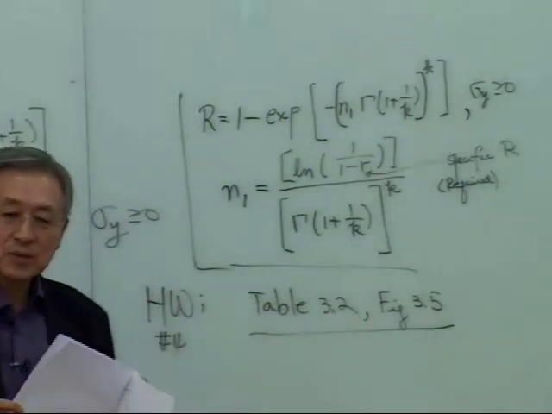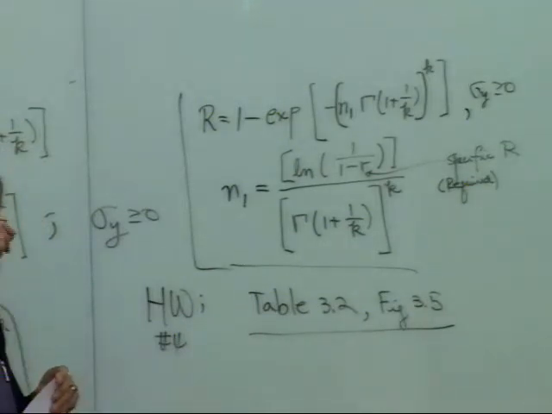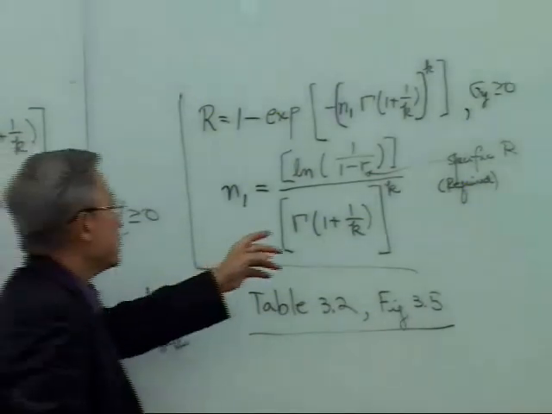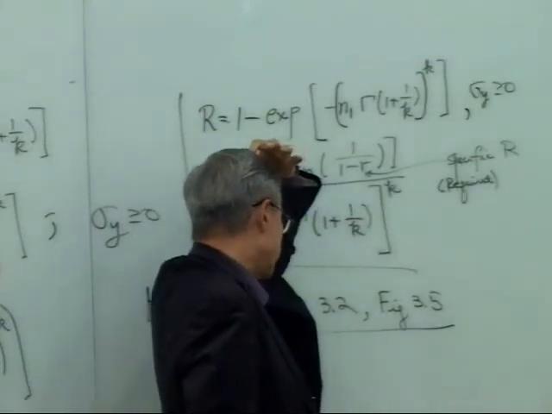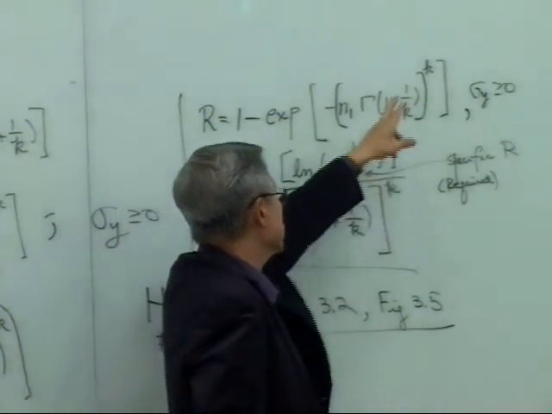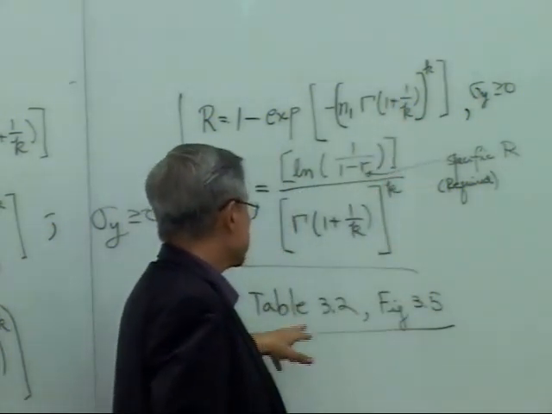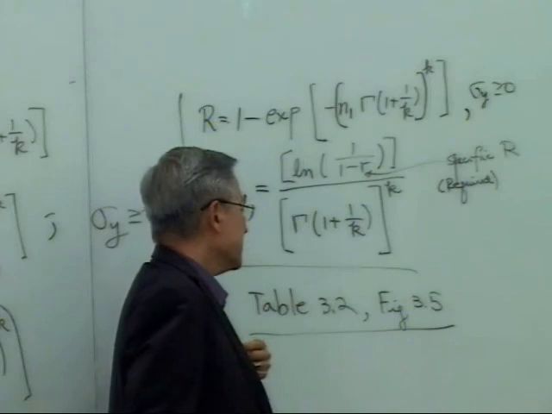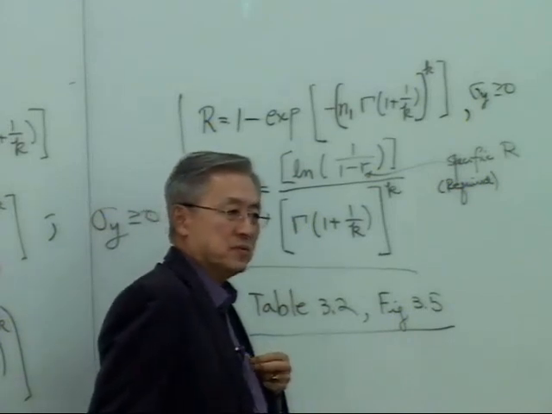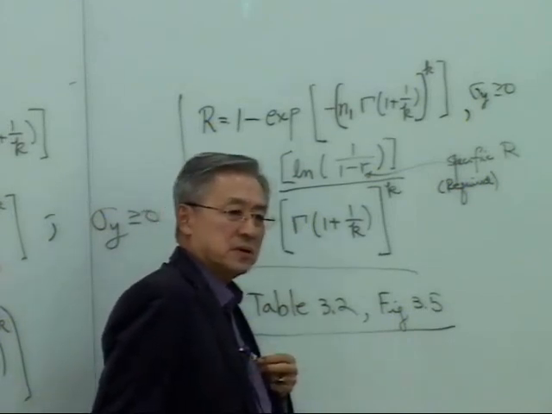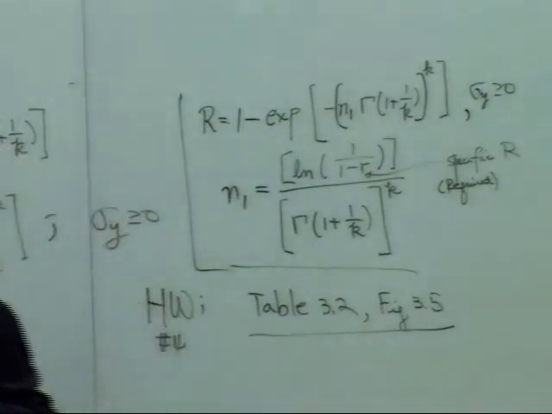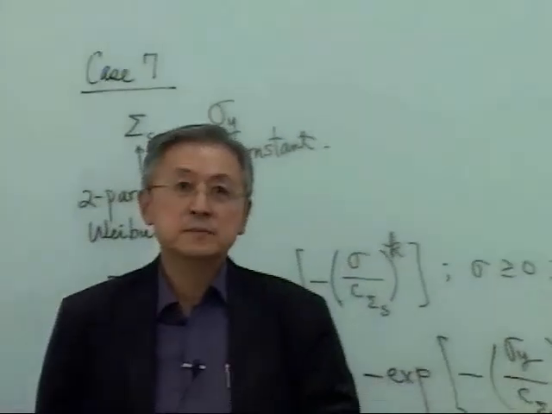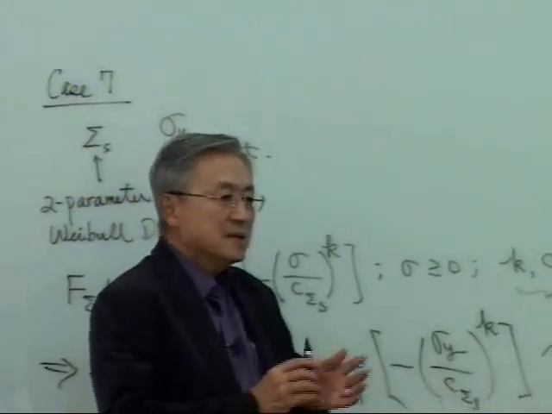Maybe the same, maybe he just wrote the equation wrong. Somehow he dropped the k, but this has to be back in. Then reconstruct table 3.2 and figure 3.5 and check whether it's different from what is shown in the book. Okay.